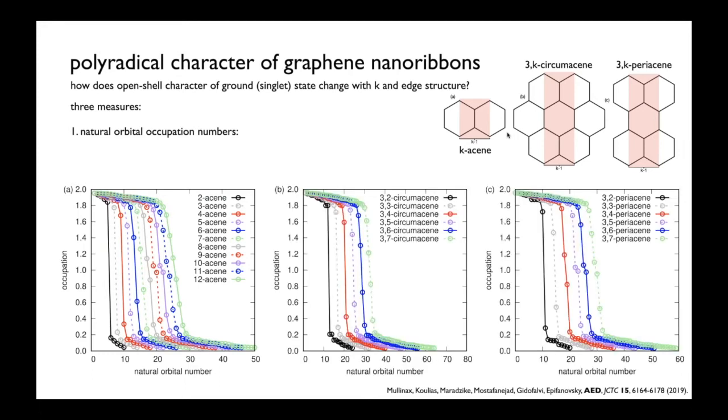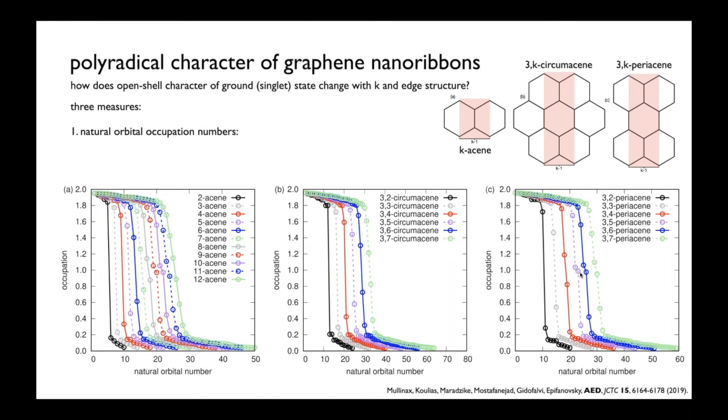Okay, so if we go to these other molecules, the two-dimensional nanoribbons, we see a similar story. You start to increase your biradical character as you go to larger members of the series, but in the circumacene case, the onset of this polyradical character is much slower than in the case of, well, it's slightly slower than in the case of the linear acenes. In the case of the periacenes, the onset is far more rapid.